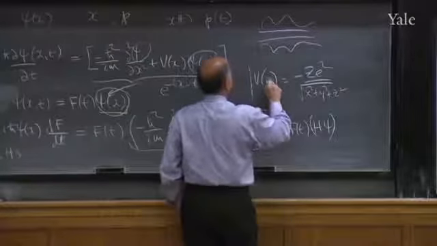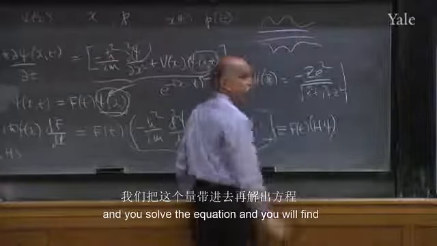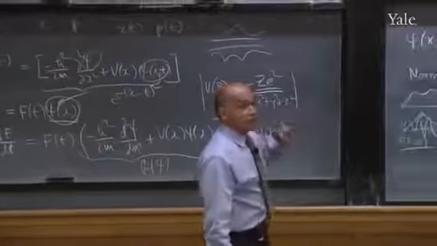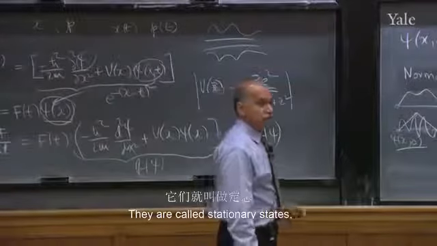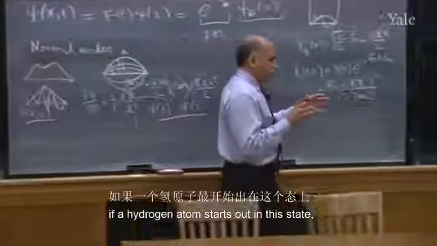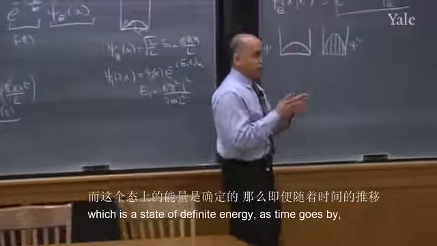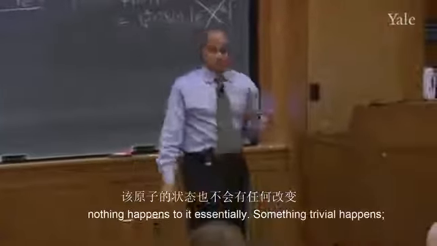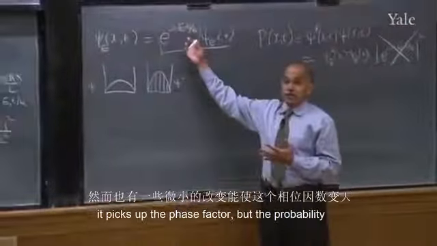You put that in, you solve the equation, and you will find a whole bunch of solutions that behave like this. They are called stationary states. If a hydrogen atom starts out in a state of definite energy, as time goes by, nothing happens to it, essentially. Something trivial happens. It picks up the phase factor.